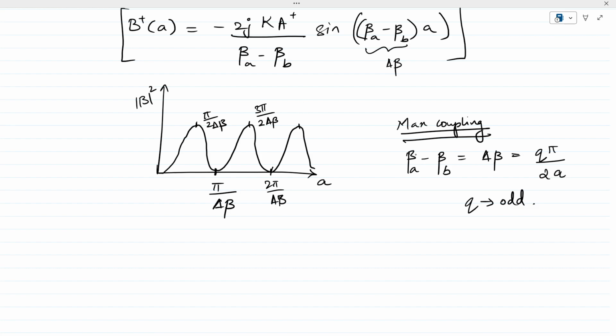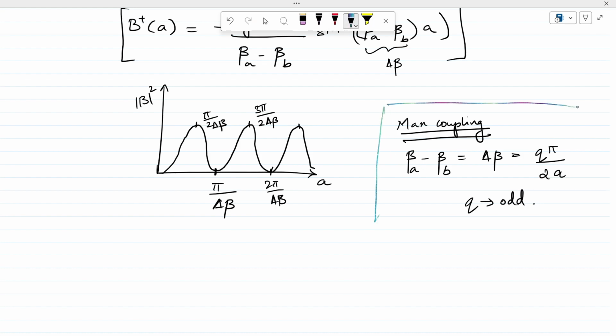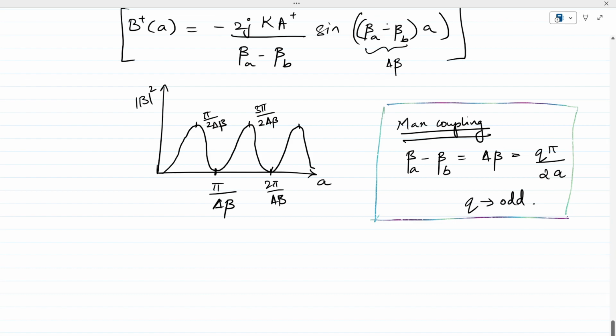So for all odd q, my delta beta should be equal to qπ/2a for maximum coupling.